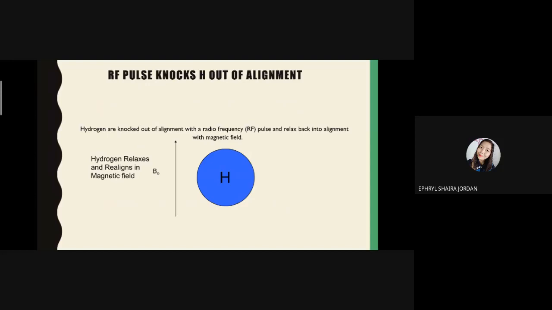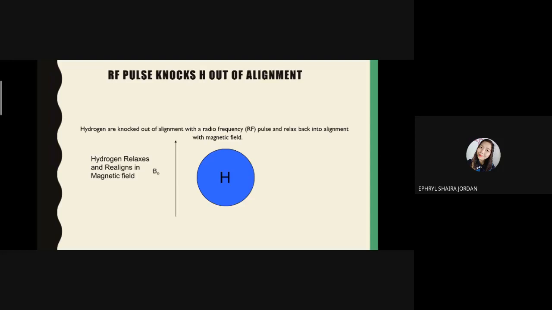Again, in the presence of a magnetic field, the hydrogen proton tends to align with the magnetic field. If there is a burst of radio frequency, it will knock out the hydrogen proton, and if the RF is no longer delivered, then the hydrogen slowly relaxes and realigns with the magnetic field.